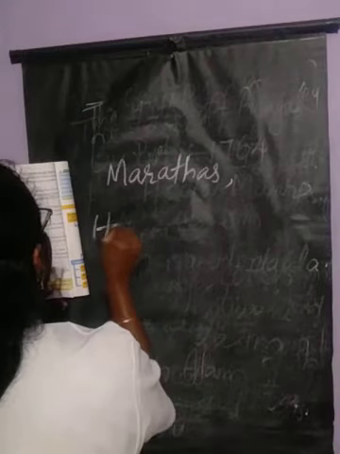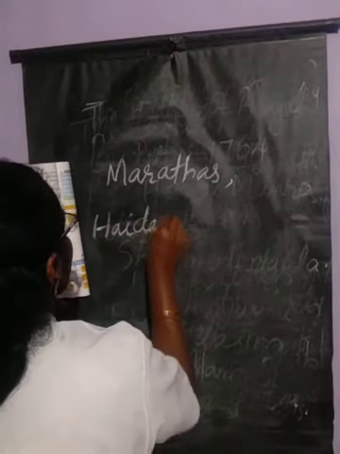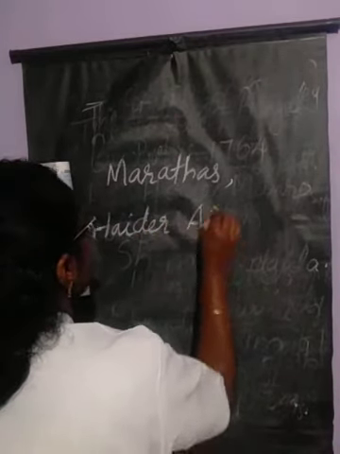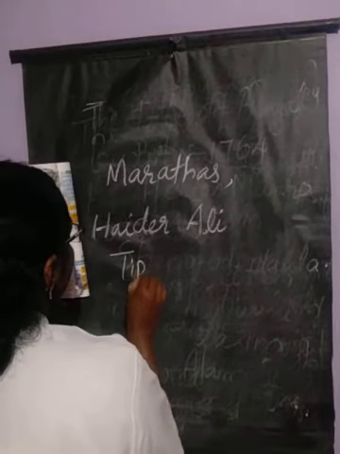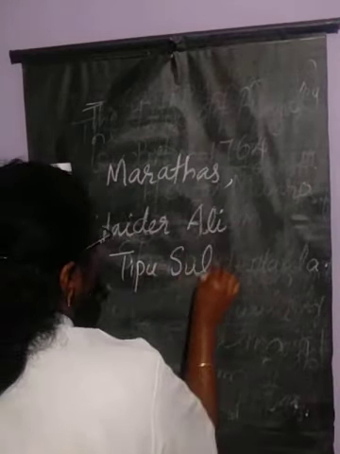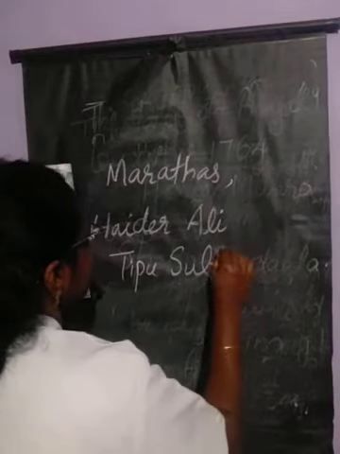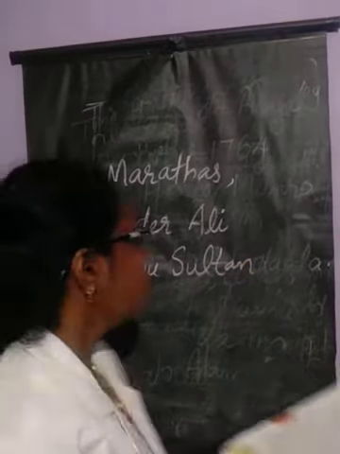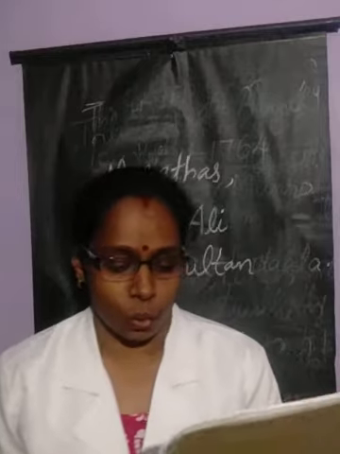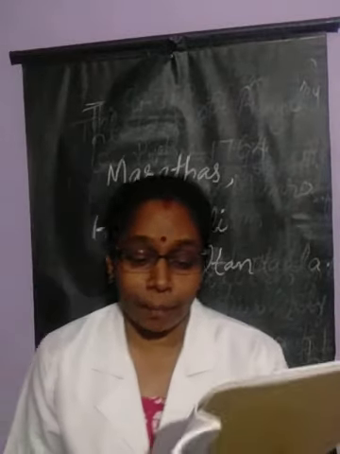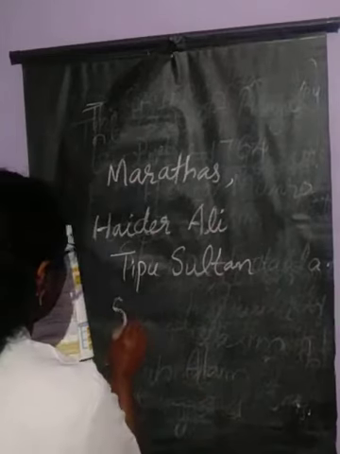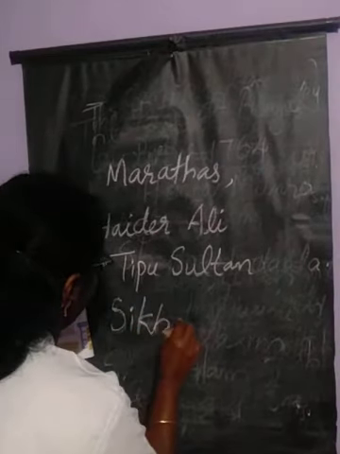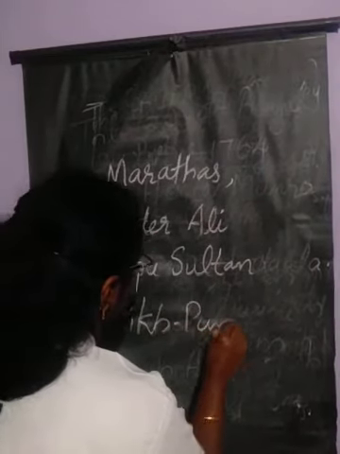Then Hyder Ali. You will study more about all these people in the higher classes. Hyder Ali and Tipu Sultan were the rulers of Mysore. And the Sikh people in Punjab.